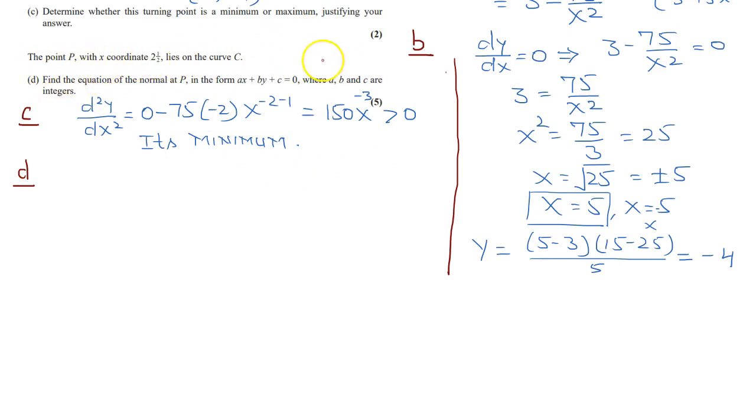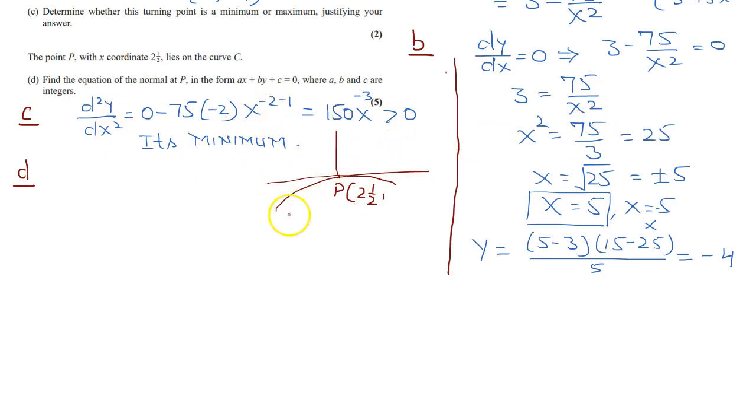The point P lies on the curve. Suppose this is P and its x coordinate is 2.5. Find the equation of the normal at P. So this is a tangent and this is the normal.